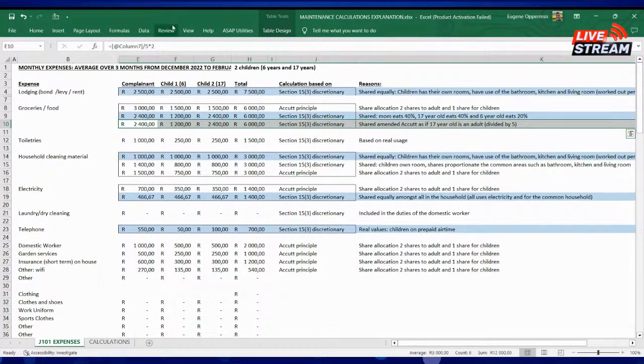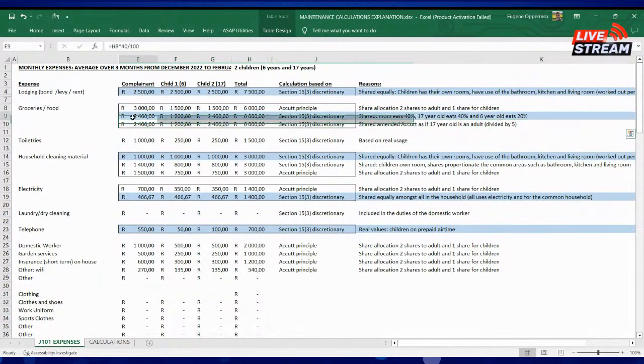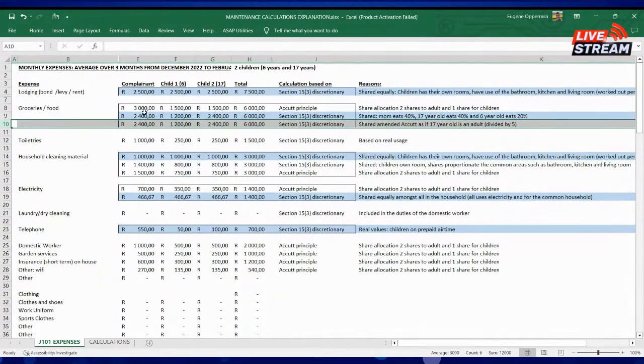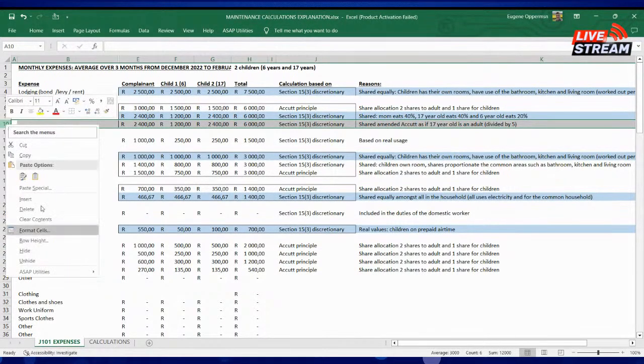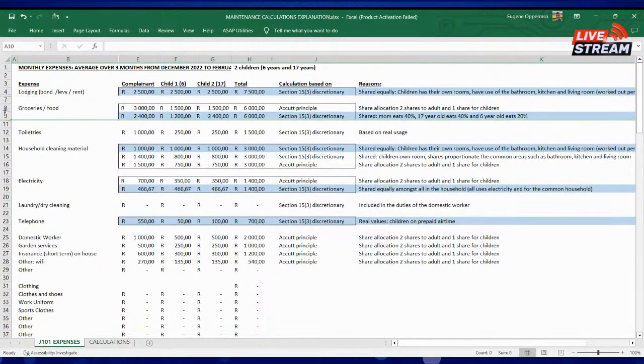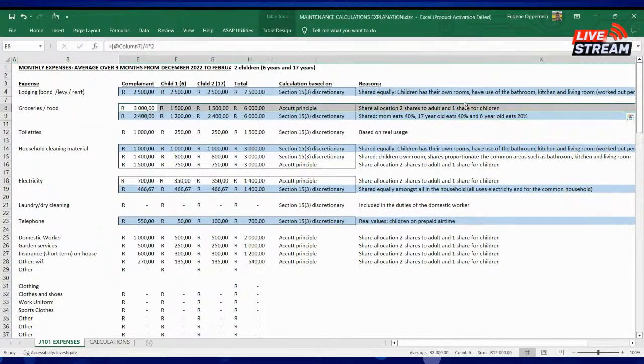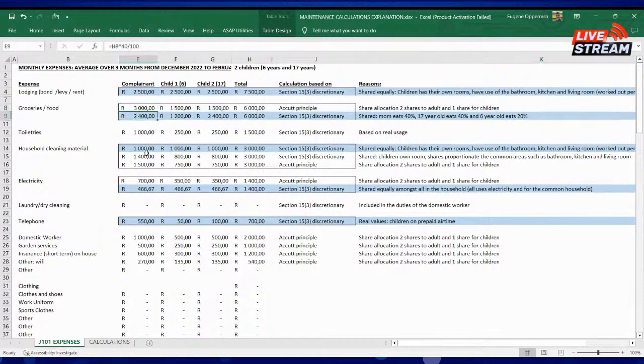But here we can see that the shared portion would actually suffice and would work the best to the advantage of claiming maintenance. So what we could do is hide that top portion as well, and then we just work on the 2,400 Rand.